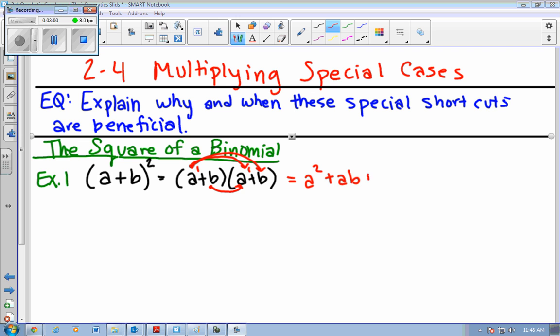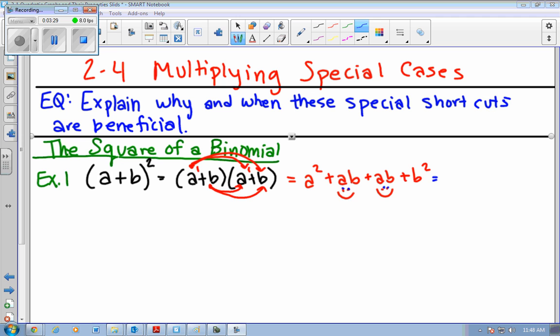The reason I want to write it in alphabetical order is because right here I see, what are these guys? They're like terms. So if you write it in alphabetical order, then you can see your like terms easier. And we have to do the b one more time. B times b, so a positive b squared. And what will happen every time, especially when we do it in this order, these guys are like terms, and there's 2 of them.